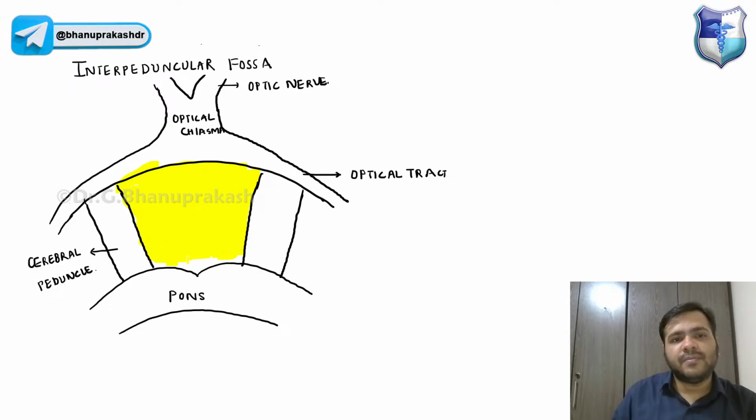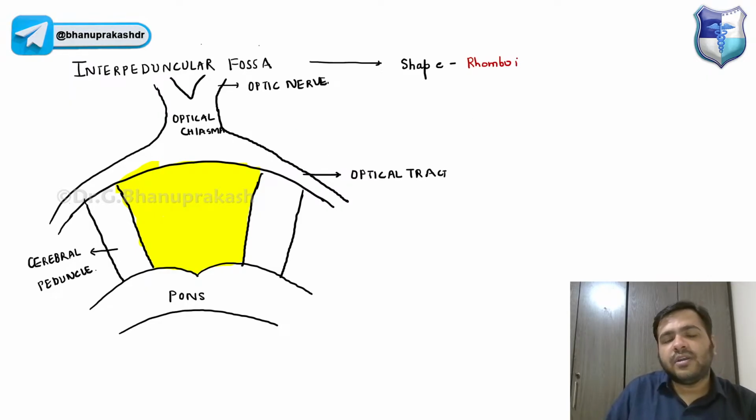Our focus will be on this yellow part in this particular diagram. Now, what is the shape of this interpeduncular fossa? Remember the shape, it is a rhomboidal shaped space, having four sides.